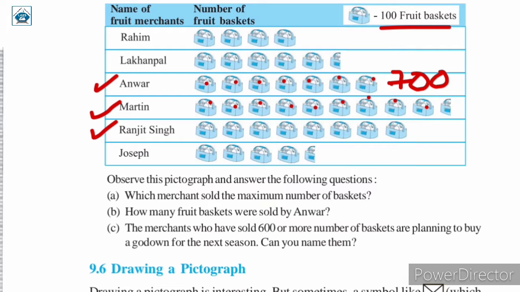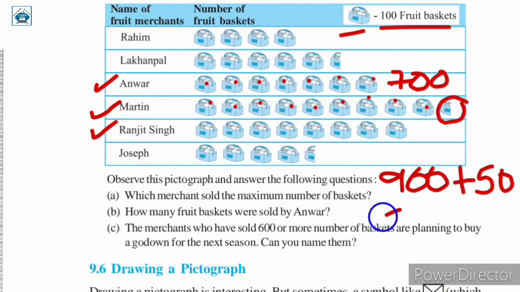That means 9 into 100. 900 fruit baskets were sold, and here half a picture is shown. So half means 100 divided by 2. One full picture means 100 fruit baskets. So half picture means 100 divided by 2, which is 50 fruit baskets. So this will be 900 plus 50, which is equal to 950 fruit baskets which were sold by Martin.